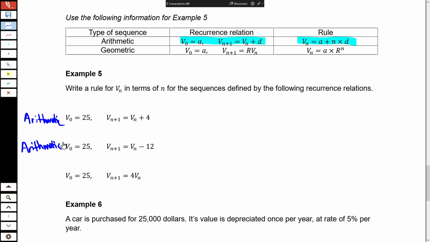The information that I've given you in the table is probably the main obstacle here. If we don't know what the table means, we can't use the information. And this was given to you in the formula sheet.